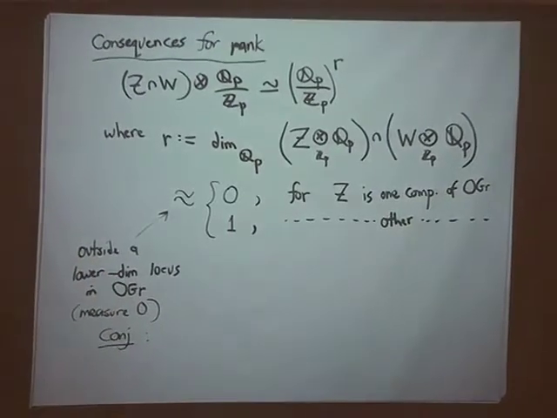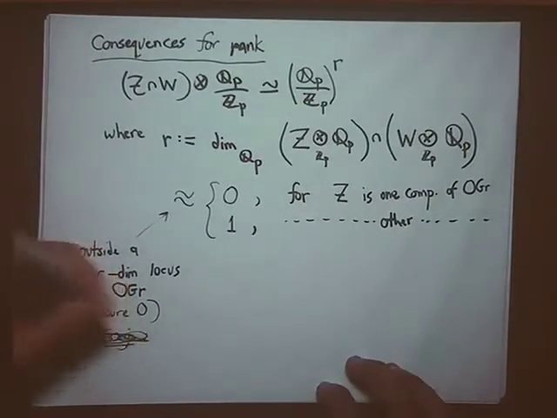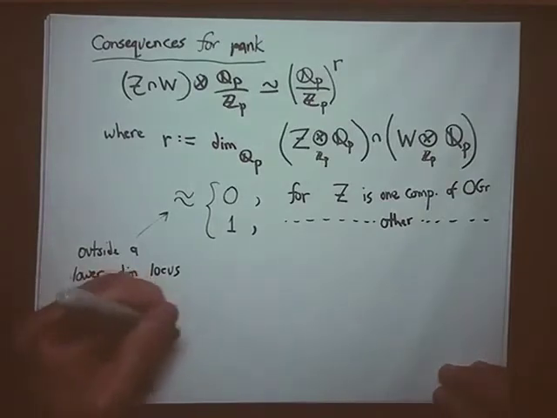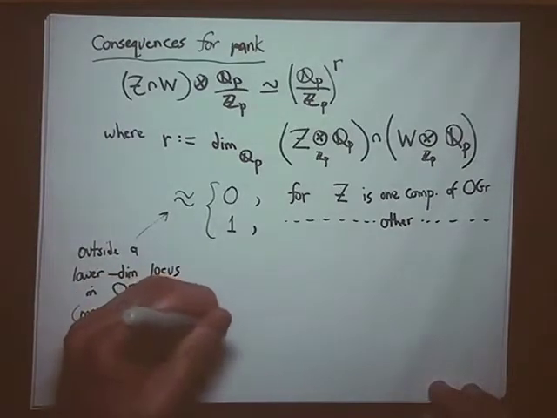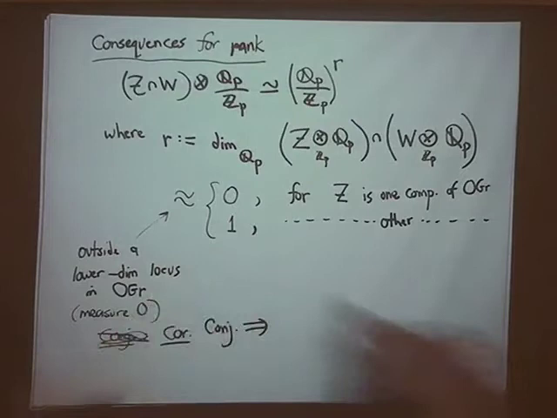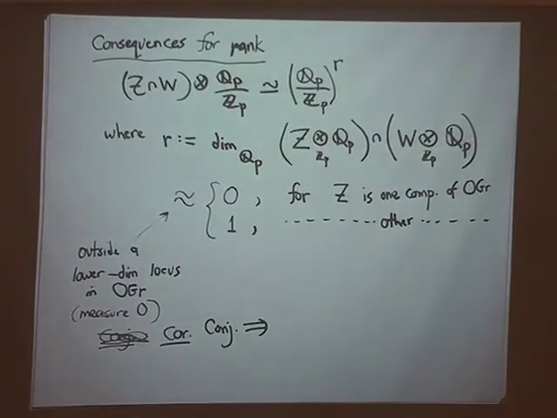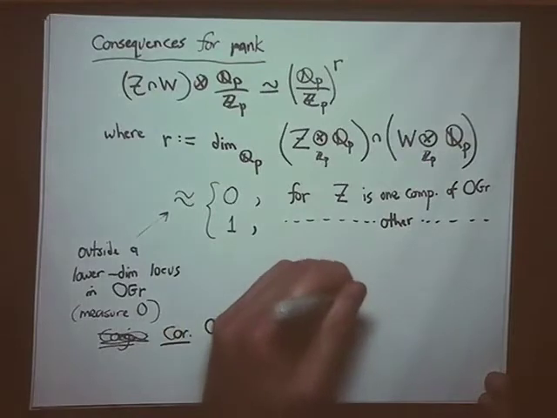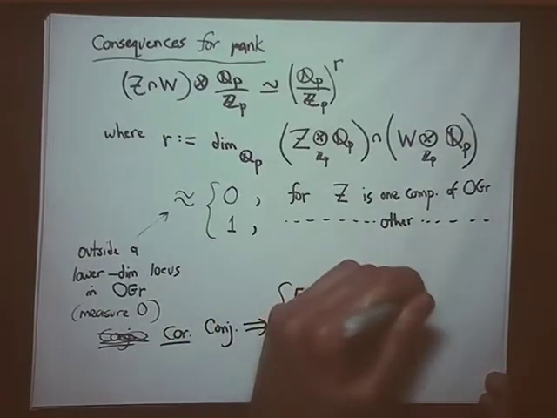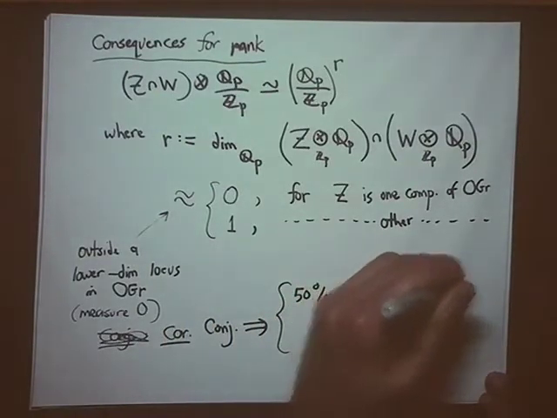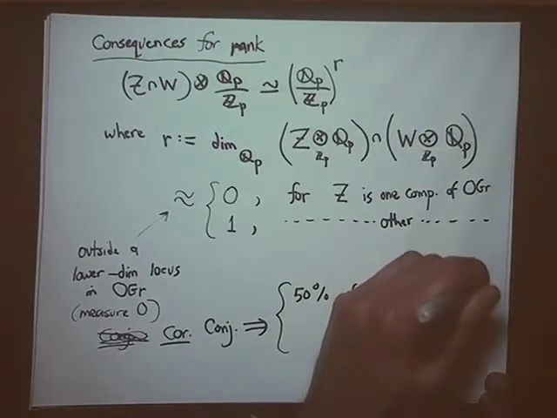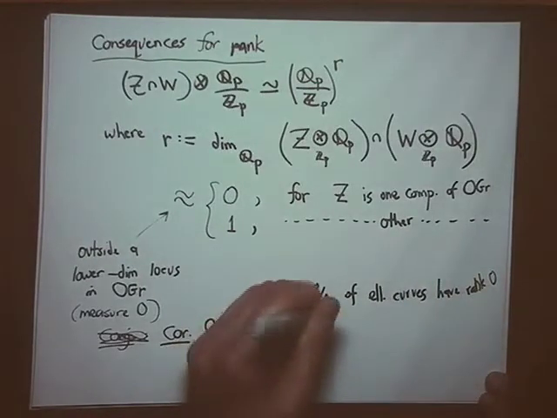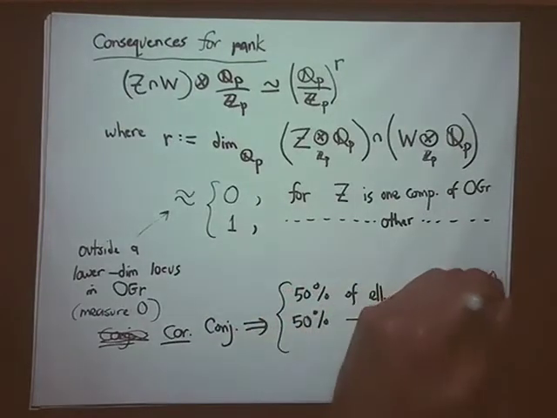And so if you now accept the conjecture, which predicts that this R should be modeling the ranks of elliptic curves, if you accept this Poonen-Rains conjecture, it'll tell you that 50% of elliptic curves have rank 0, and 50% of elliptic curves have rank 1.